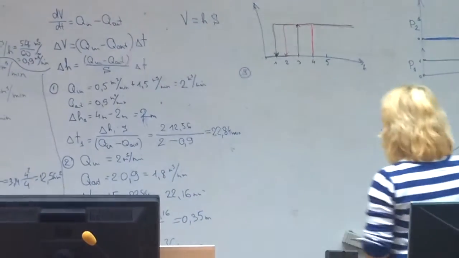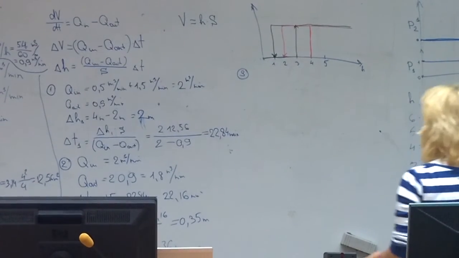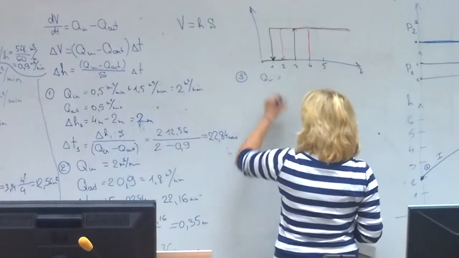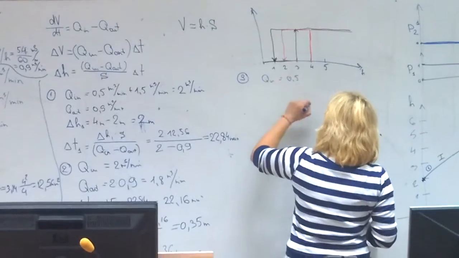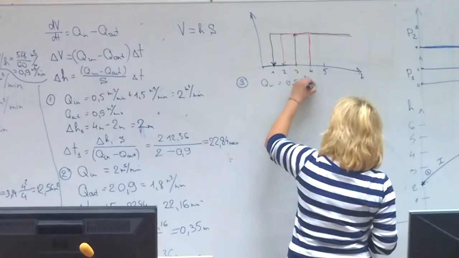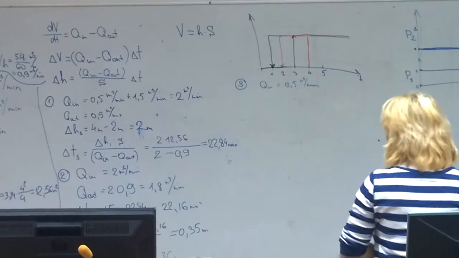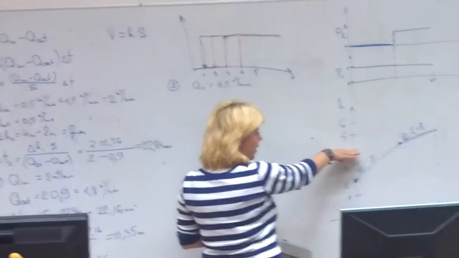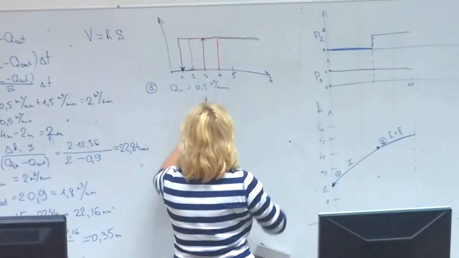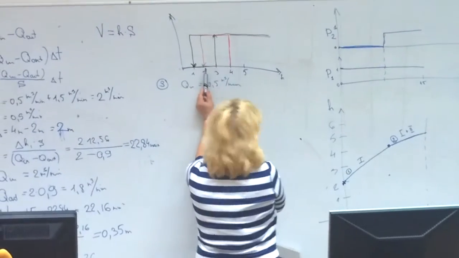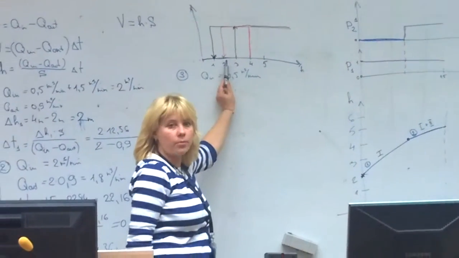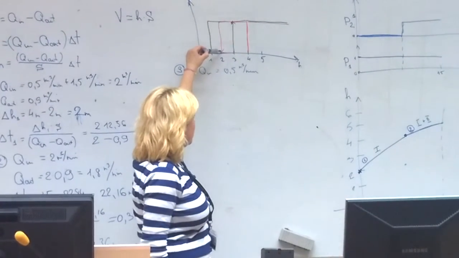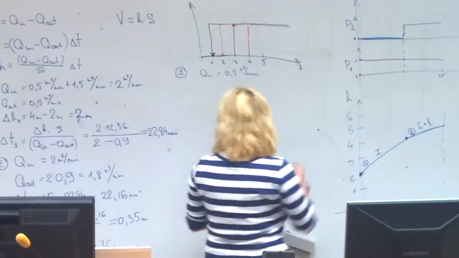Third state. So rain stops. That means that basically our inflow will be just half a cubic meter per minute, just the ordinary case. But because our liquid level is higher than 2 meters, we will turn off our pumps. The second one will be turned off first, and the first will be turned off at 2 meters.